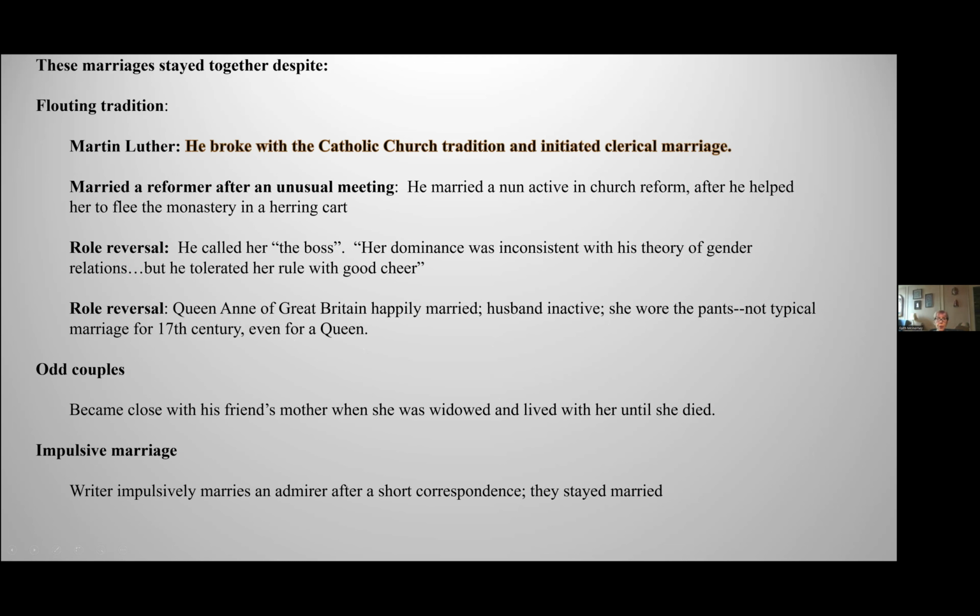Sometimes with Uranus equals Sun-Moon, it can be a really oddball couple, like a guy who became close with his friend's mother when she was widowed, and they moved in together and lived together until she died. Uranus equals Sun-Moon, something odd. An impulsive marriage: a writer impulsively married an admirer after they had a short correspondence, and they stayed married.